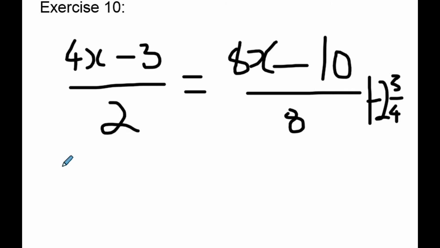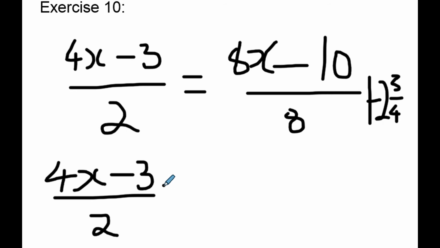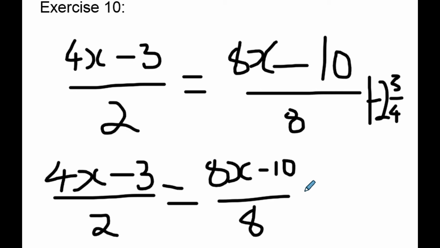So if I do so, I'll bring this one down, equals, I'll bring this one down as well, 8 plus what now? 4 times 2 is 8. 8 plus 3 is 11, over 4.